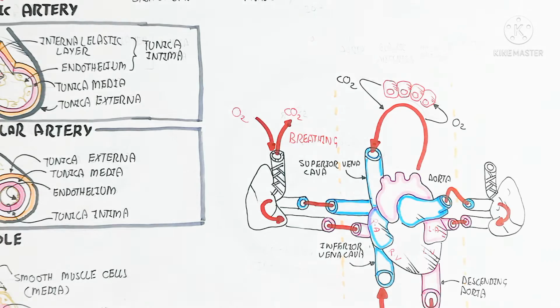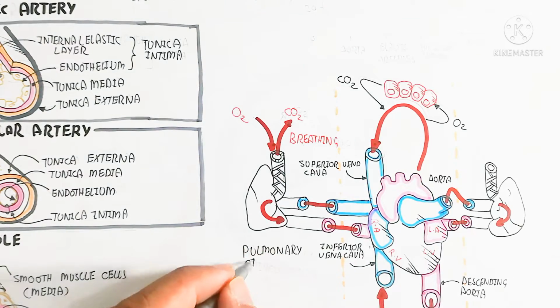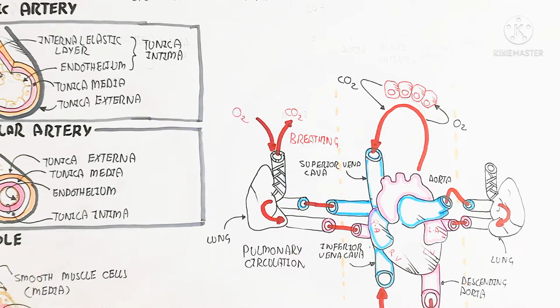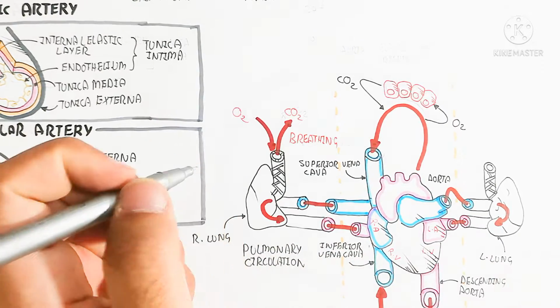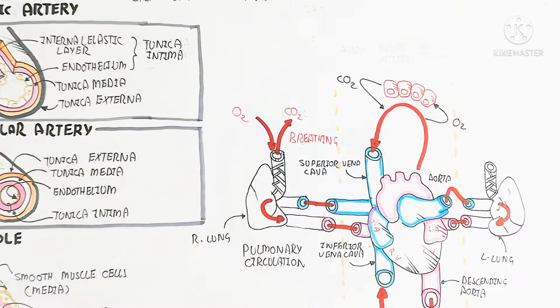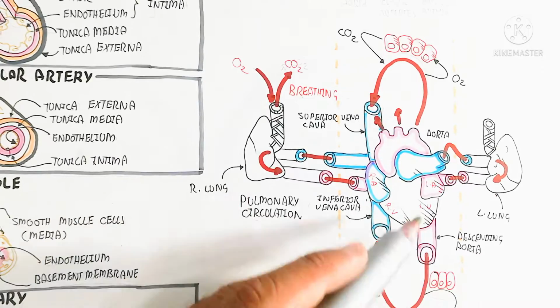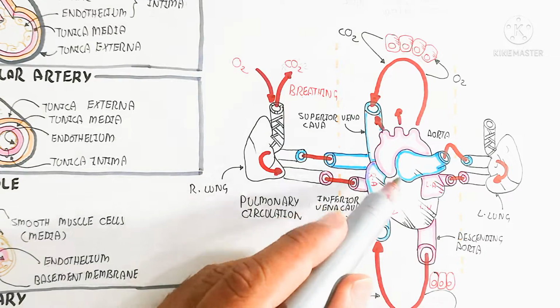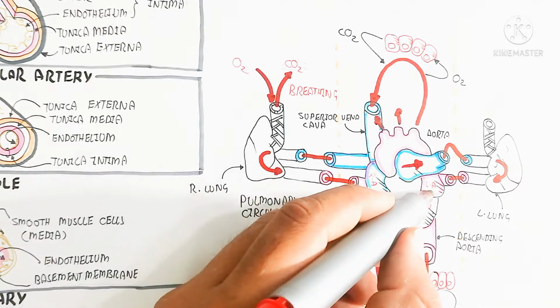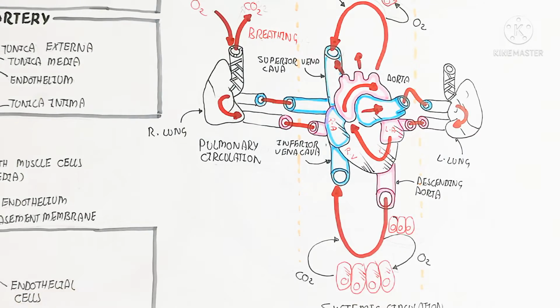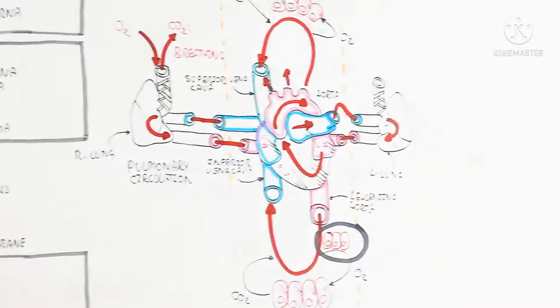So in this way here you can see the left and right lung. This is the pulmonary circulation, and in this way the lungs receive the oxygen and move it through the pulmonary vein toward the heart for pumping throughout the body as systemic circulation. So this was the pulmonary and systemic circulation.